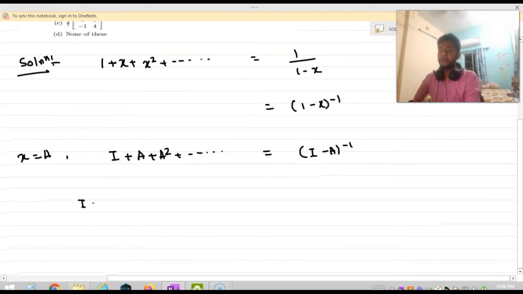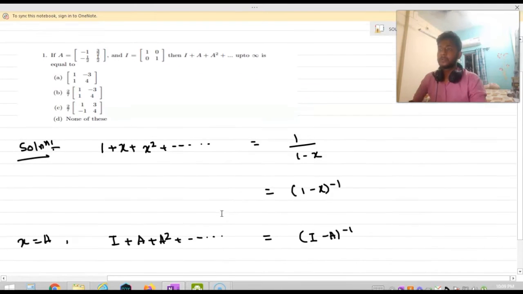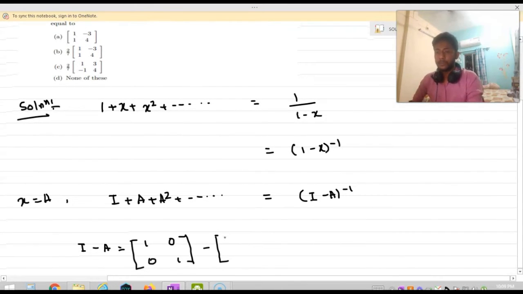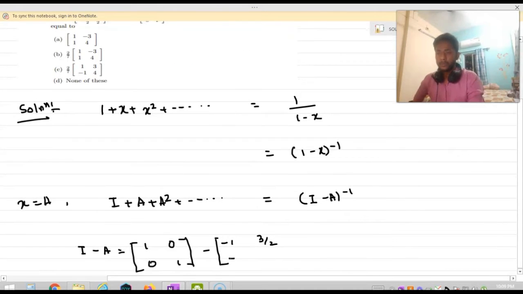So I minus A, where the value of I is 1 0 0 1, minus the matrix A. The value of A is -1, 3 by 2, -1 by 2 and 1 by 2.